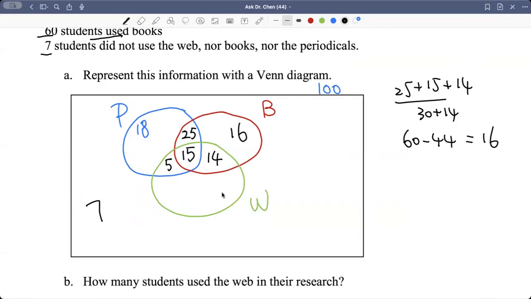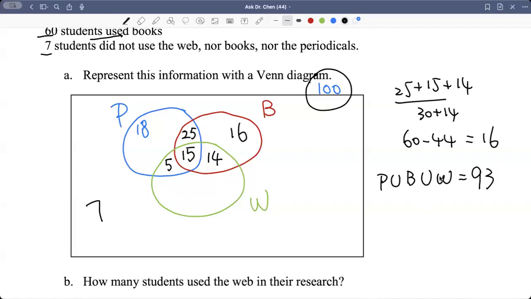So what's missing? How many people only use the web? Part B is asking how many students use the web in the research. Let's answer that question. We know the total number is 100. Now let's find P union B union W, which should be 100 minus 7, because 7 students didn't use anything, which means 93.